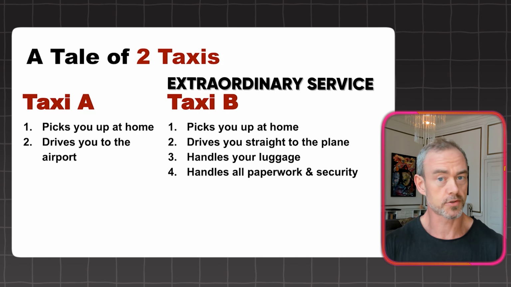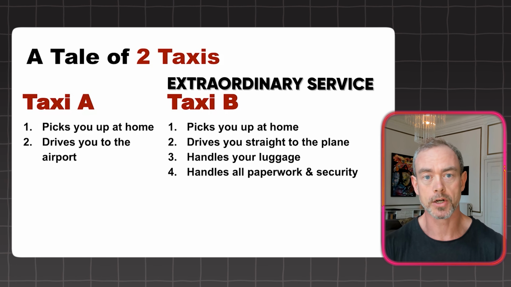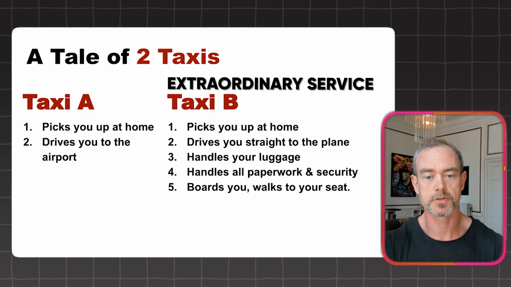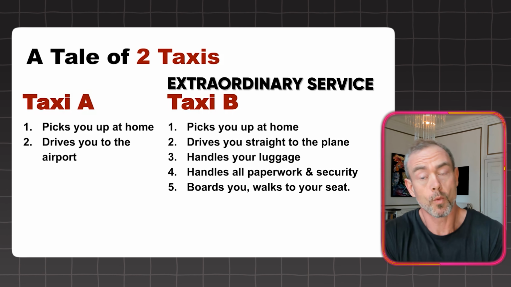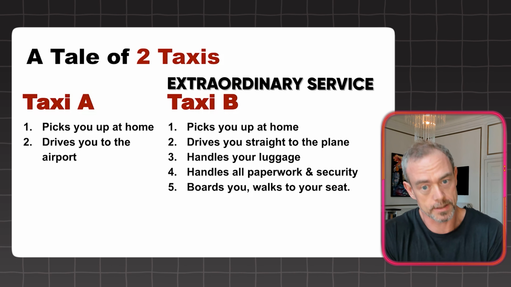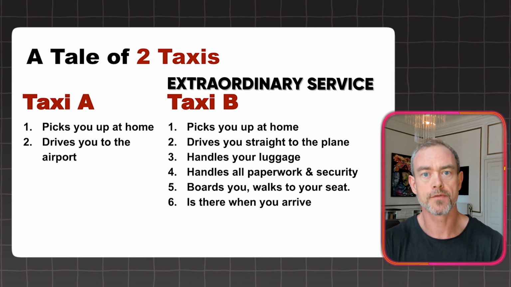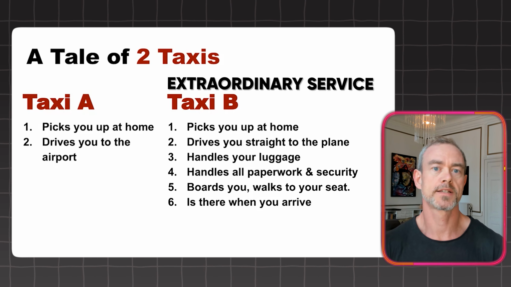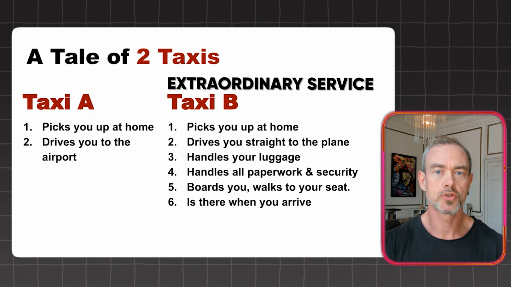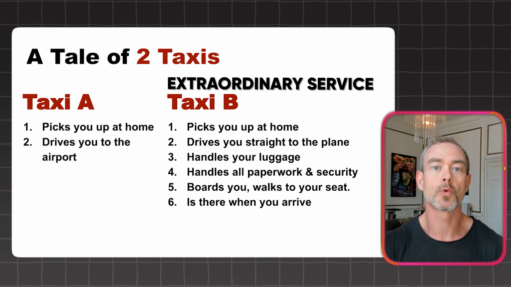So all the visas are magically there. Everybody knows your name when you go through customs and so forth. And then finally, it boards you on the plane, walks you to your seat, right? So it's like, this is where you sit. Everything is nice for you. Have a nice flight. And then magically, the taxi is there when you arrive at your destination to take you that last mile to where you were actually going.